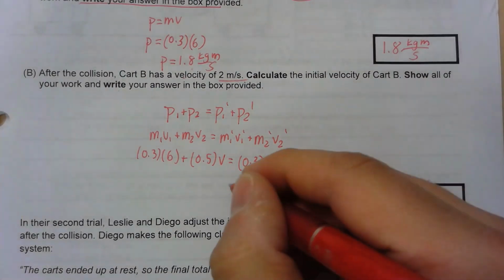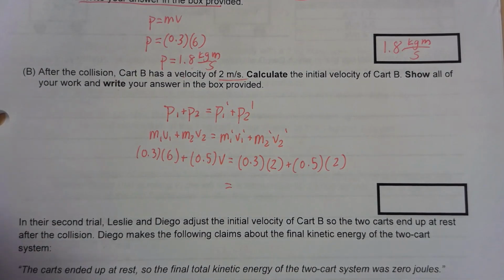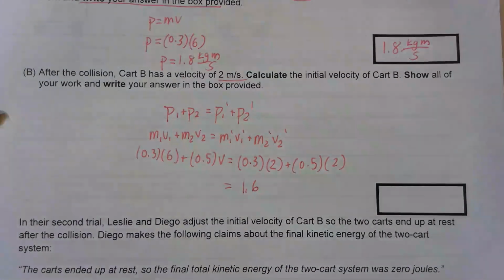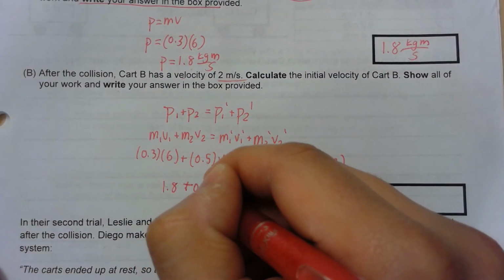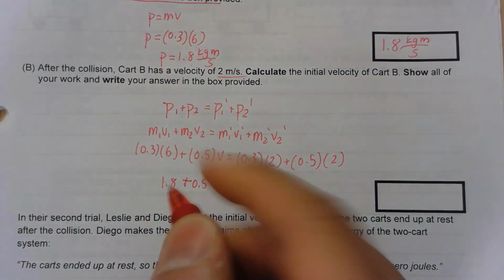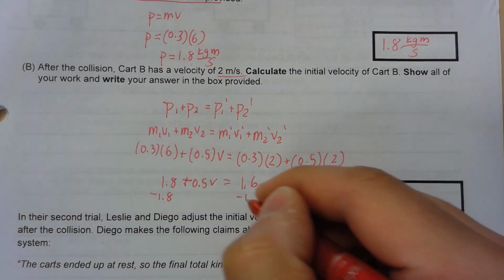Now I'm just going to do the math. So give me a second while I plug this into my calculator. This is 1.6. We know that this is 1.8 plus 0.5v. So we're going to subtract 1.8 on both sides.